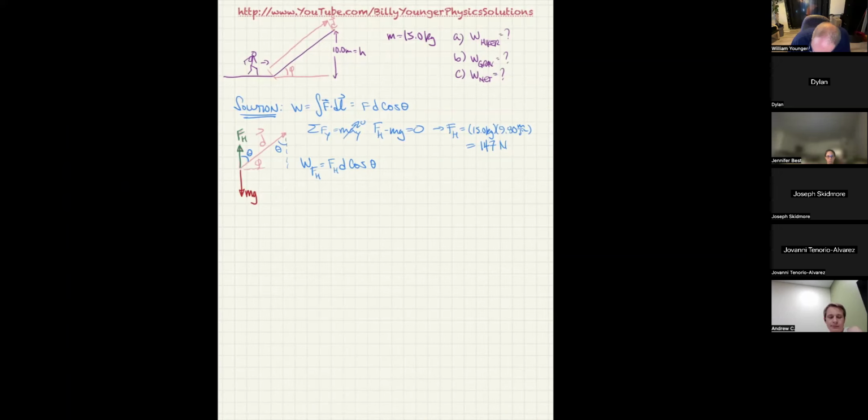So what you'd notice is D cosine theta is actually equal to 10.0 meters. So we're going to get 147.0 newtons times D cosine theta, which is just 10.0 meters. So we're going to be 1.47 times 10 to the 3 joules. That's the work done by the hiker.